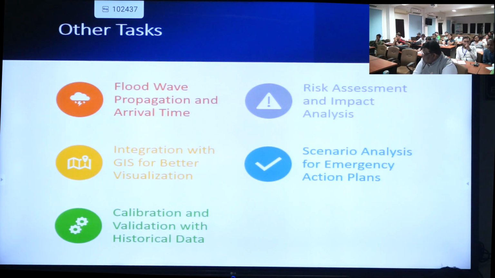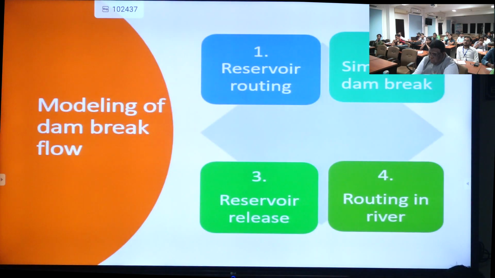Remember, if I do the dam break flow analysis, then the results can be used for an emergency action plan. Risk assessment and impact analysis you can also do, because now GIS is associated with HEC-RAS. So using those tools you can prepare different maps and use those maps for your emergency action.